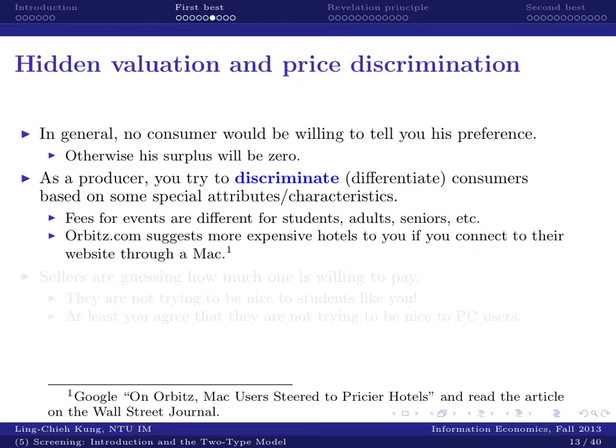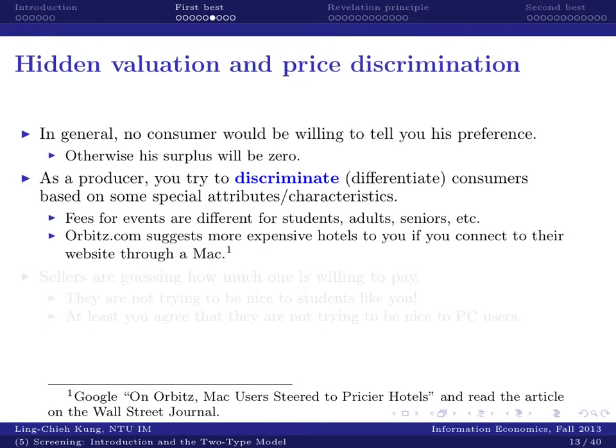Another very interesting example is regarding Orbitz.com. This is a traveling information website in the United States. You may go to this website and search for airline tickets, hotels, car rental, and so on.